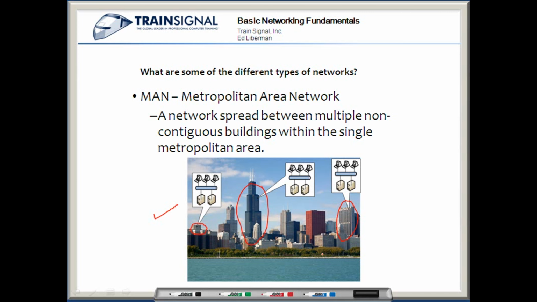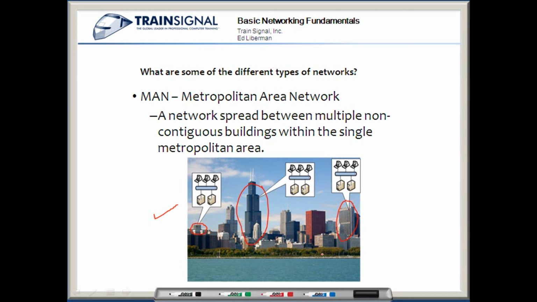well, then that would be part of a metropolitan area network. Now, the other definition that I can tell you that comes with metropolitan area network, there's a definition that says within a 100 kilometer radius. Okay, maybe. Although different cities, depending on the size of the city, have different metropolitan areas that go along with that city. Now, where this type of network originated from, it had to do with back in the days when networks would be connected to each other via regular telephone line.